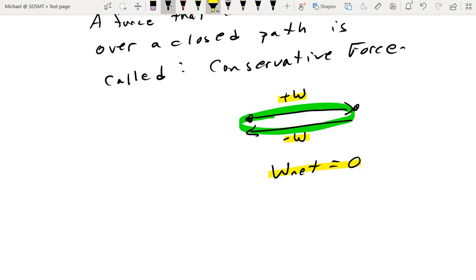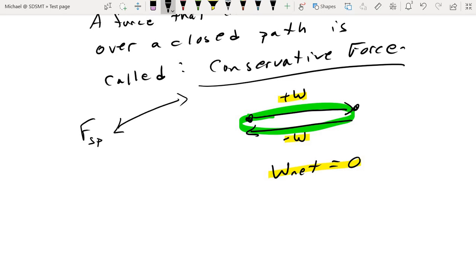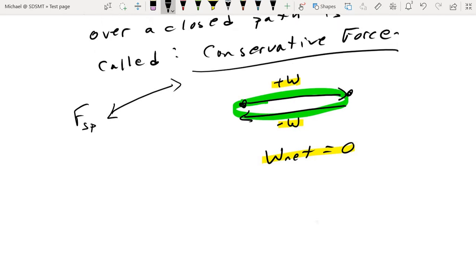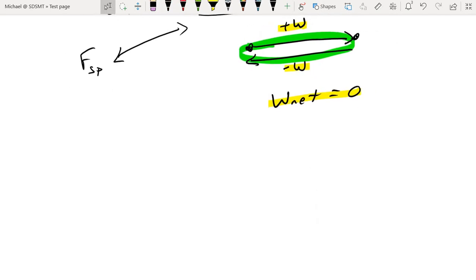So obviously a spring force falls under that definition. So a spring force is going to be conservative. What other forces are there that could be conservative? I'm just going to do one more example here. We'll go with gravity.